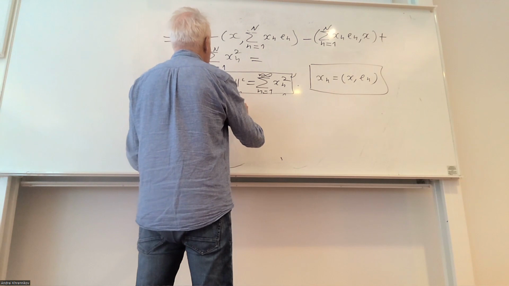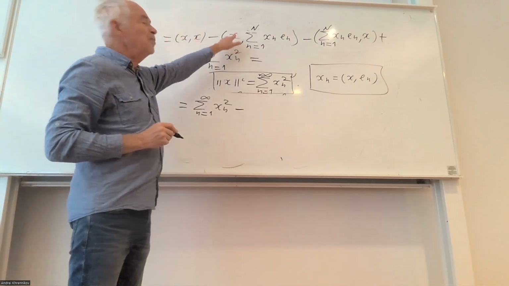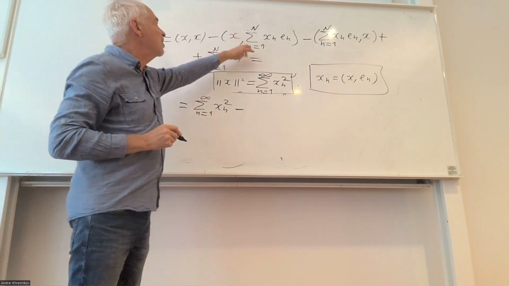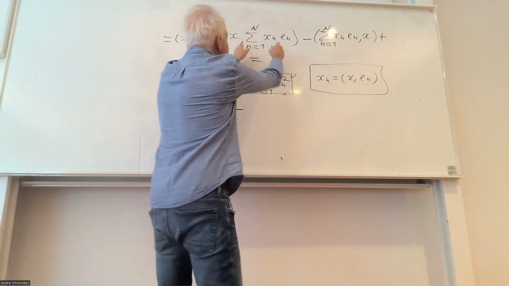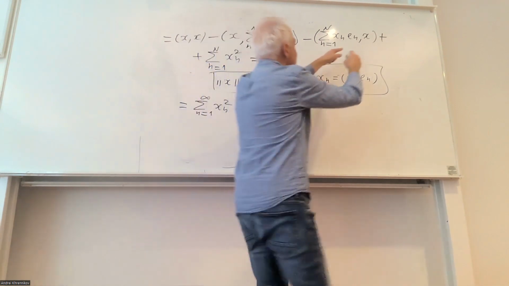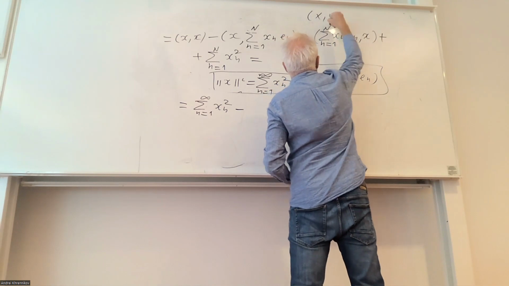Here it is minus. I even do more, because it is symmetric. These guys are the same. This multiplied by x and x multiplied by this, it's the same because, you know, this scalar product is symmetric.